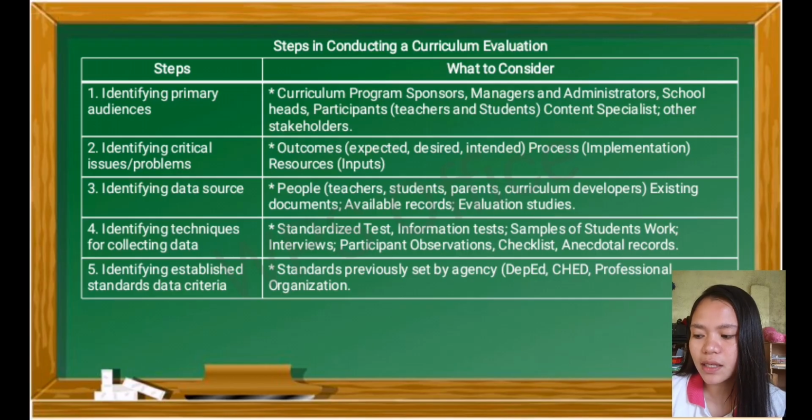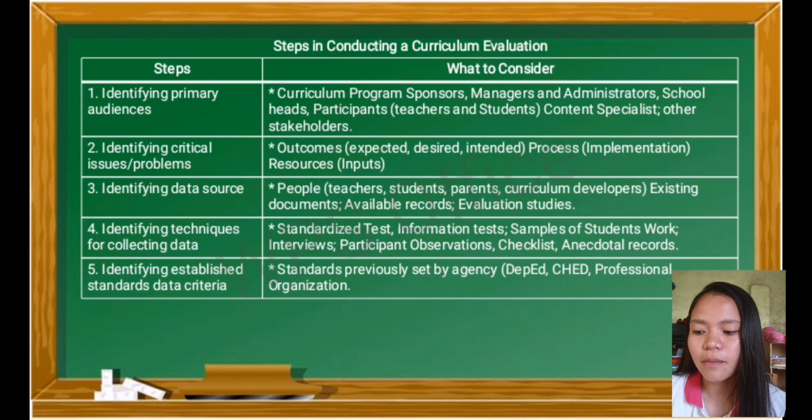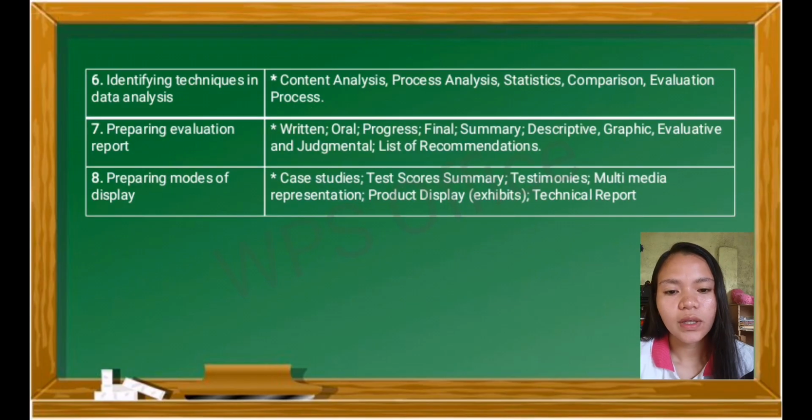The next is step 5, identifying established standards or criteria. The consideration is standards previously set by an agency, for example DepEd, CHED, professional organizations. The next step is number 6, identifying techniques in data analysis.